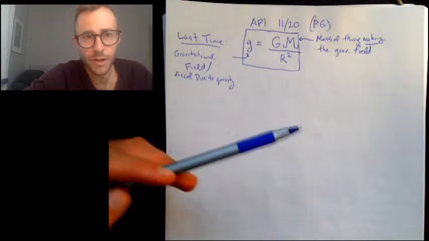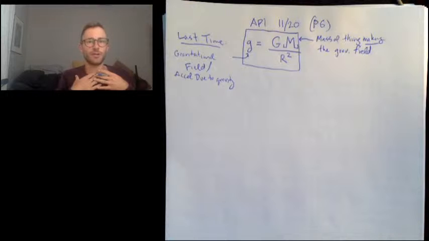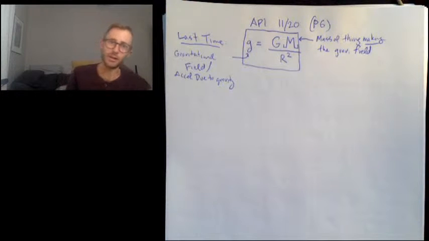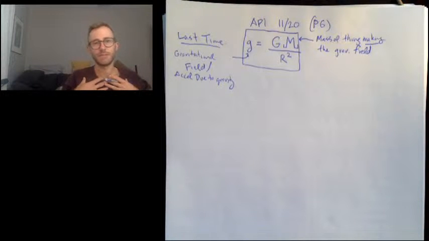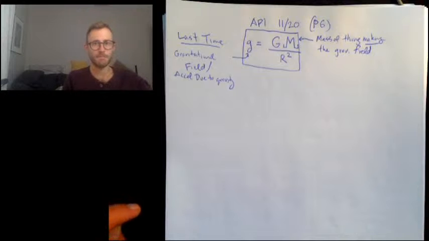If I wanted to calculate the gravitational field that I experience due to the Earth, then the thing creating the gravitational field is the Earth. But if I wanted to calculate the gravitational field that the Earth experiences due to me, then I would be big M.